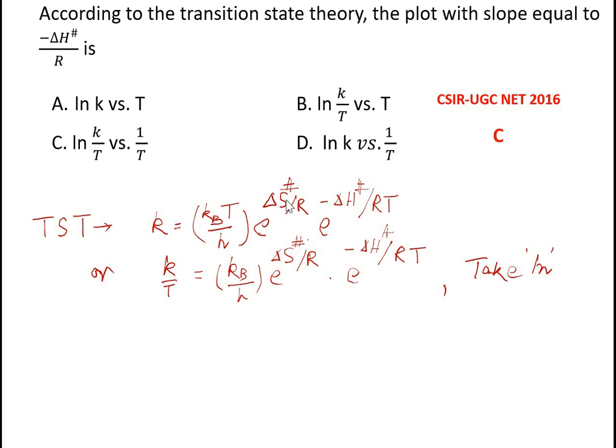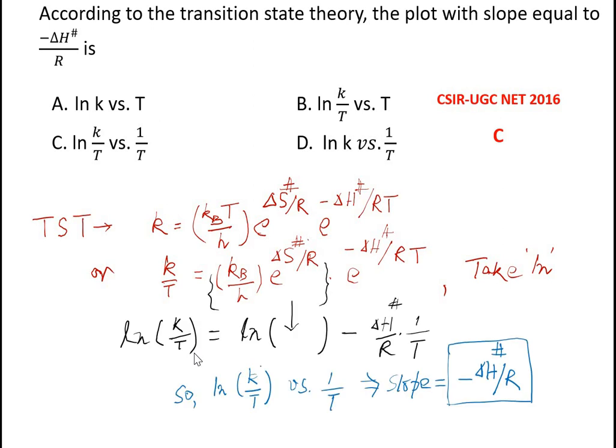this. So you see in the first part, T is there, but otherwise no T is there, and in the exponent T is there. So if I want to clear T by dividing both sides by T, then I will get k by T. Now this first part becomes T independent and this part contains T. So of course I will have to take a log.